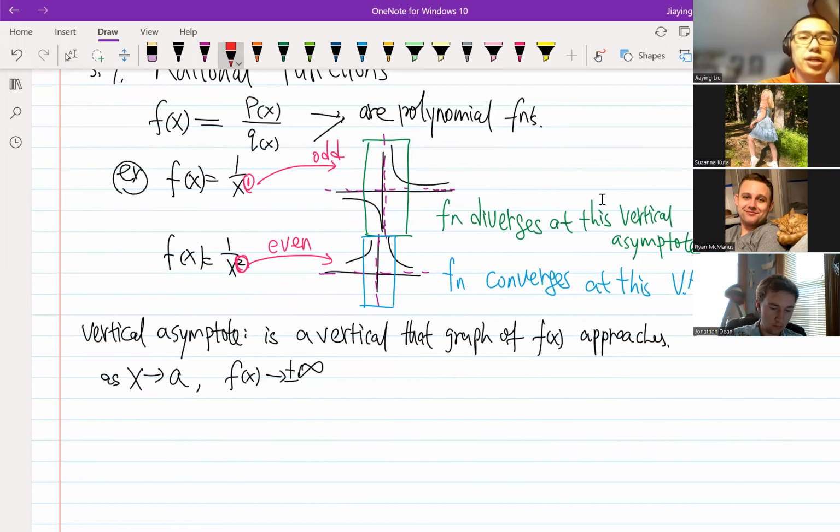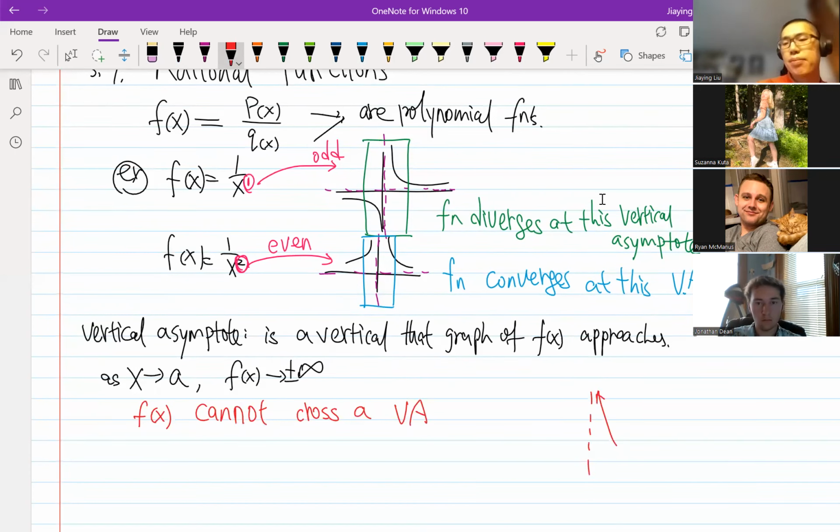One thing to note is that f of x cannot cross a vertical asymptote, because let's just say this is my vertical asymptote. If the function should be going up like this, and it crosses, that means at some point it must be crossing it.